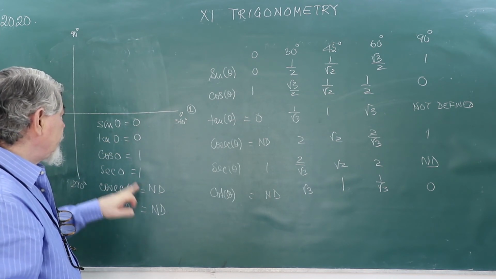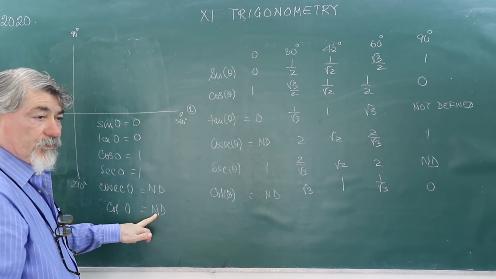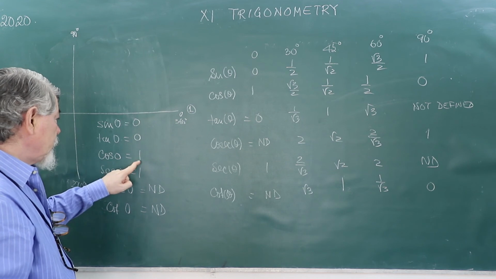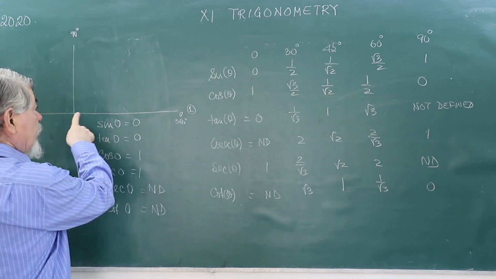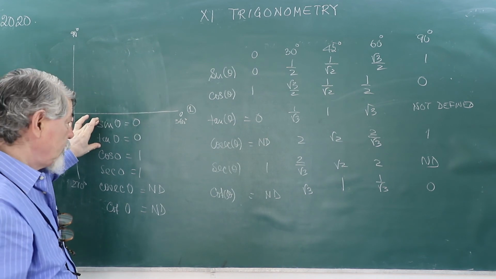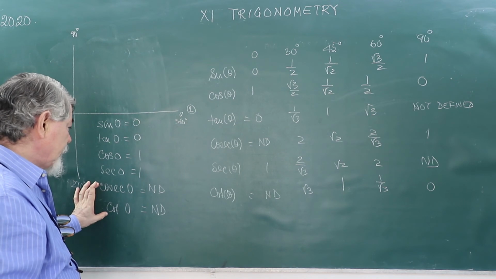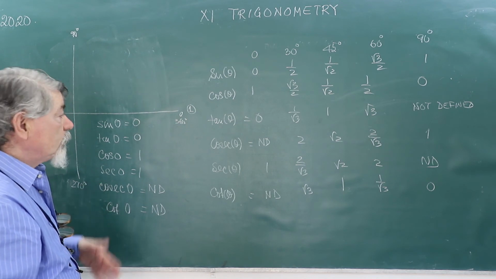Cot 0, because tan 0 is 0, will also be not defined. So along this line 1, sine 0 and tan 0 are 0, cos 0 and sec 0 are 1, cosec 0 and cot 0 are not defined.